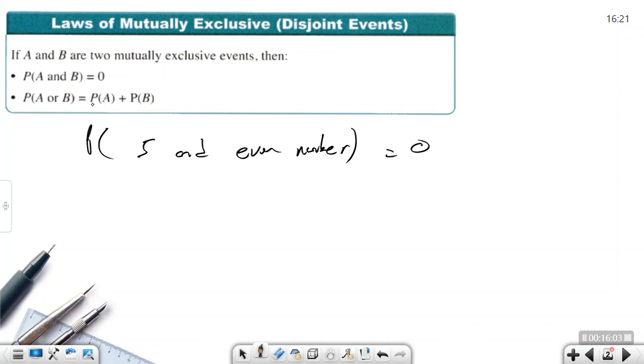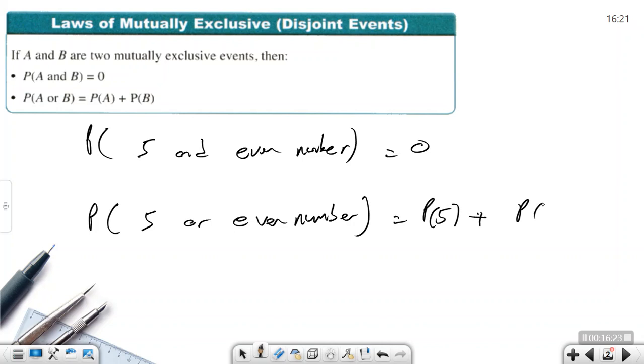Probability of A or B. If we are asking the probability of 5 or an even number, then we need to add the probability of both. So the probability of 5 plus the probability of even.